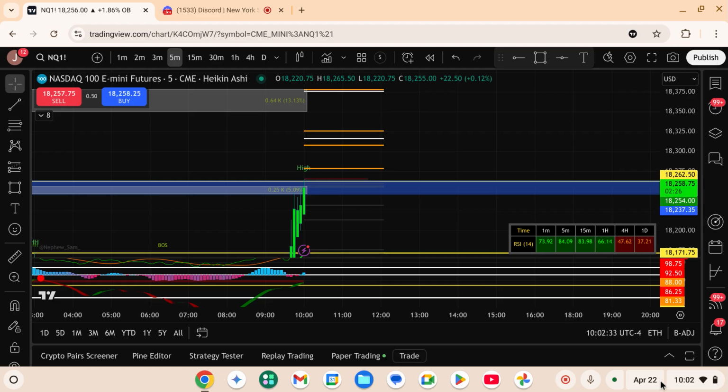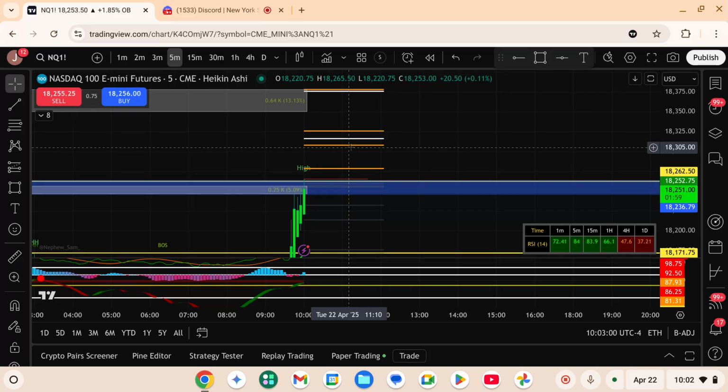Tomorrow there's flash manufacturing, the PMI. So Tuesdays usually take a little bit to get a decent setup. I notice around like 10:30 or 11, it usually gives a decent setup after market open, like a half hour to an hour after the 10 o'clock. So we might be sitting here for a little bit waiting.